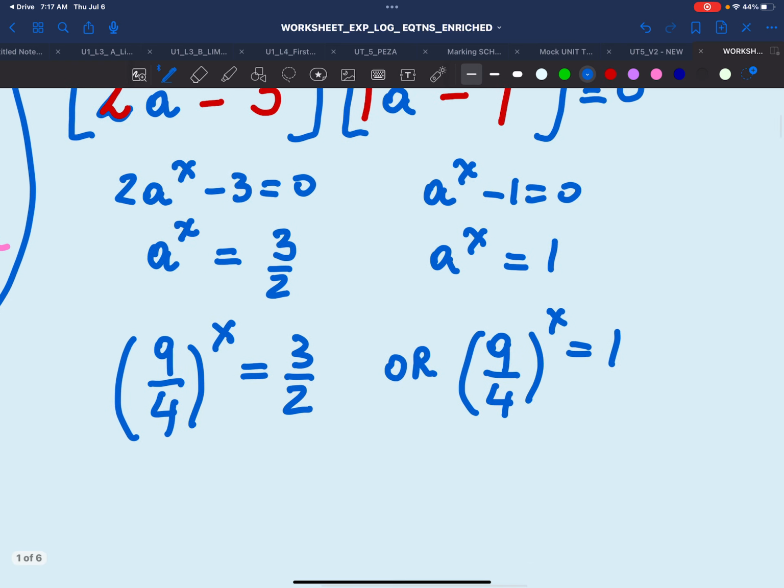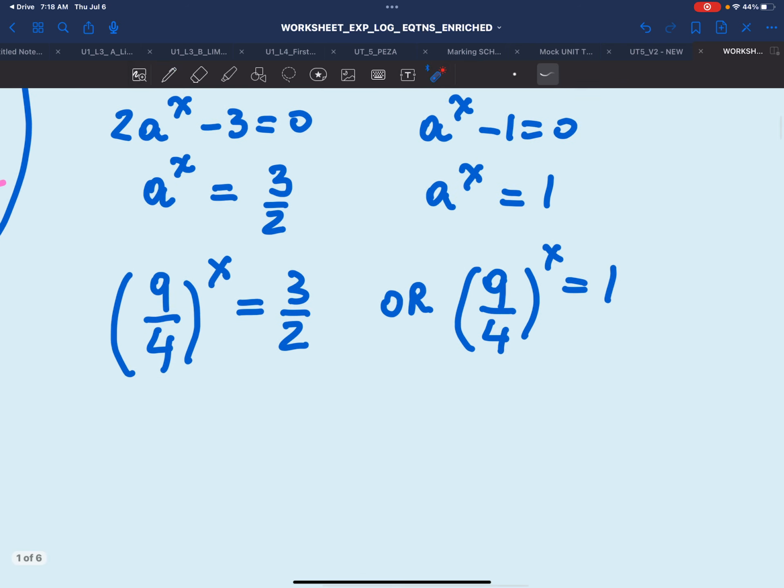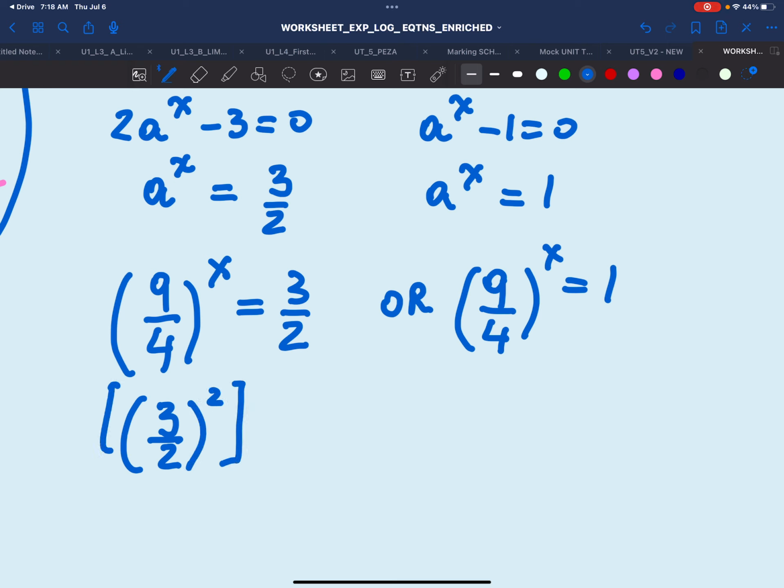There are different ways of solving these very simple exponential equations, and the more straightforward way would be by simply equating the bases. As you can see here, 9 over 4 can be written as 3 over 2 squared, to the power of x, equals 3 over 2.